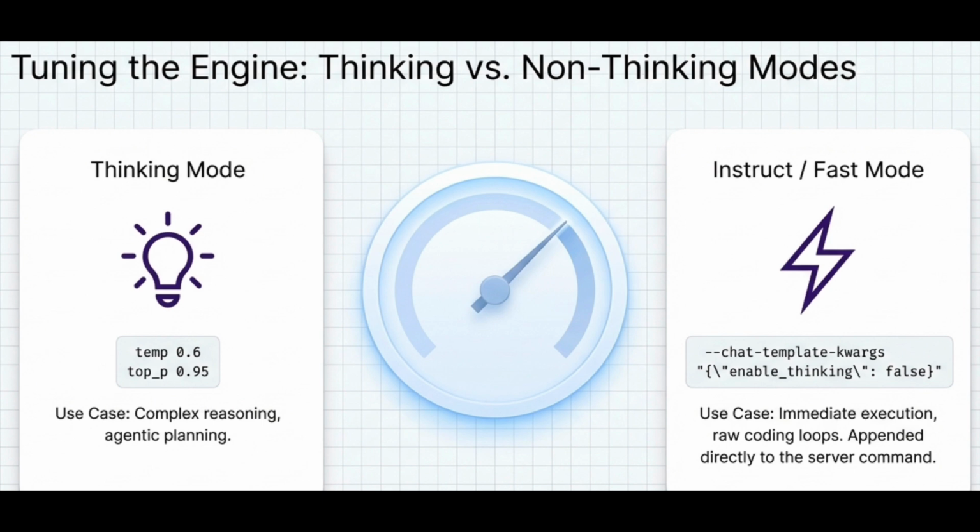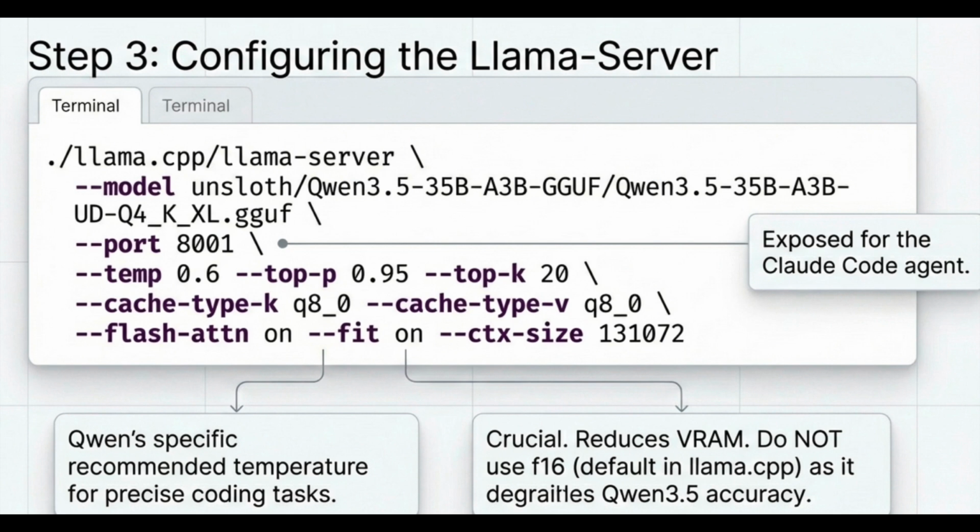If you leave that memory at its default full precision, it just eats up all your RAM immediately. Oh, wow. So it just blows past the 24 gig limit. Completely. So by using Q8_0 quantization, which is basically a way of compressing that short-term memory without losing the plot, you save massive amounts of VRAM. And you keep Qwen 3.5's performance completely intact.